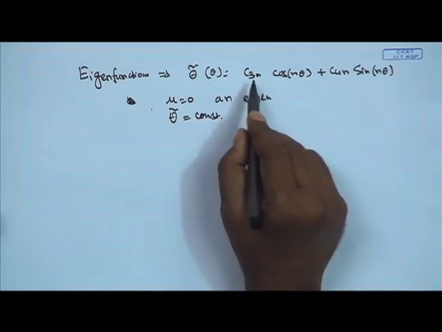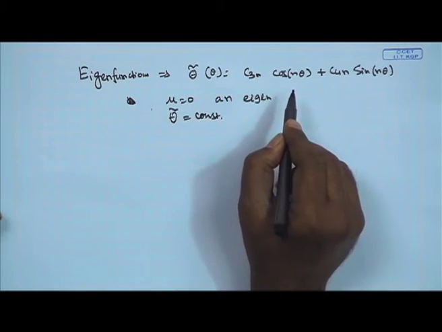Let us see what is the value of this eigenfunction at n equal to 0. Sin 0 is 0, cos 0 is 1, and it gives C3n, that is a constant. So if I start my running index n from 0, 1, 2 up to infinity instead of 1, 2, 3 up to infinity, then I will be including the eigenvalue n equal to 0 and the eigenfunction equal to constant in this particular formalism.